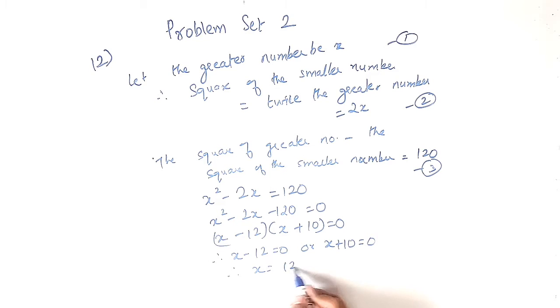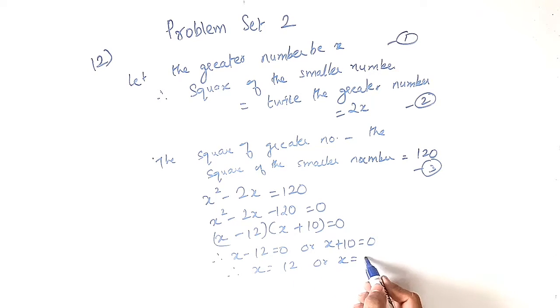Therefore x is equal to 12 or x is equal to minus 10. You can see here x is equal to minus 10 is unacceptable. Why unacceptable? As per the condition given, y square will become negative.